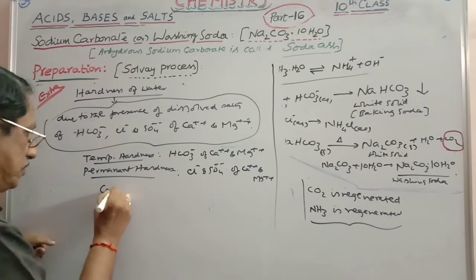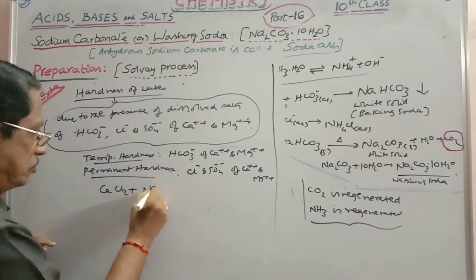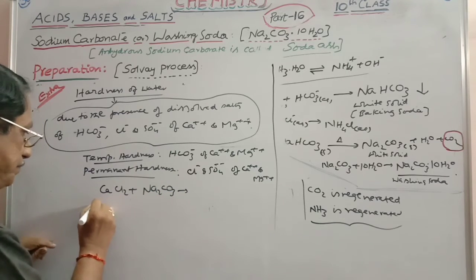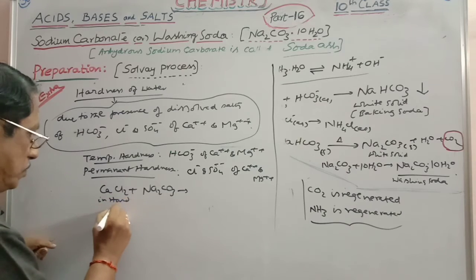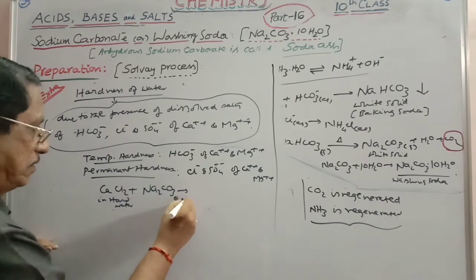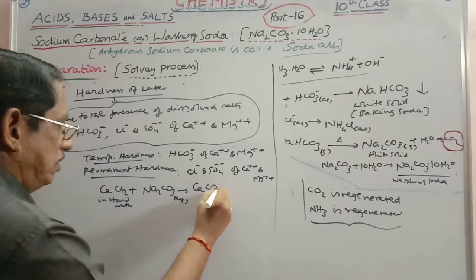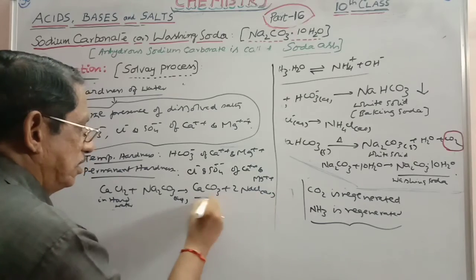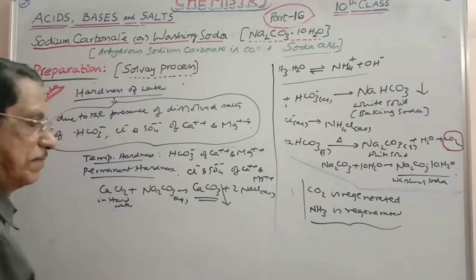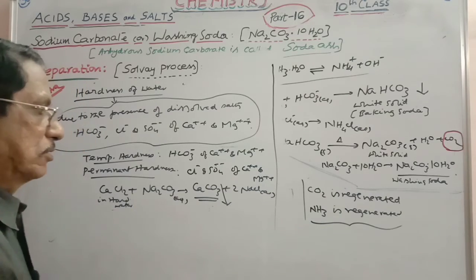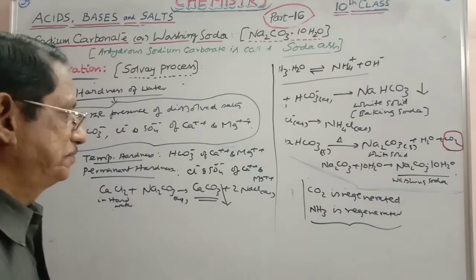What happens? CaCl2, for example, present in hard water, you are adding sodium carbonate solution, aqueous. CaCO3 plus 2NaCl is formed. 2NaCl remains in solution. Calcium carbonate is insoluble, precipitated. Chloride doesn't create any hardness there.